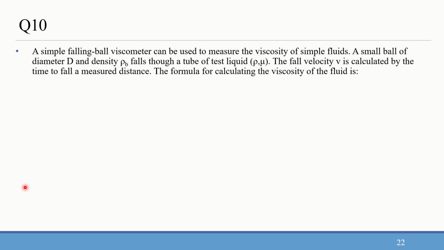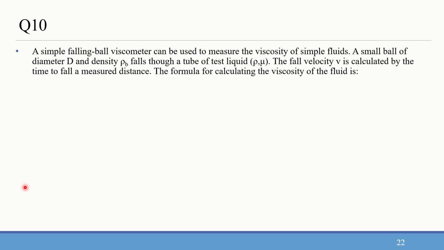A simple falling ball viscometer: we allow a ball or a smaller particle to settle from a certain height inside a tall column, and we measure the distance it covers in a certain period of time, which gives us a velocity. By using the velocity, we can calculate its viscosity. So it is a viscometer.